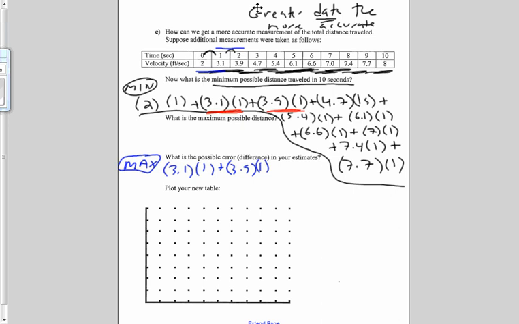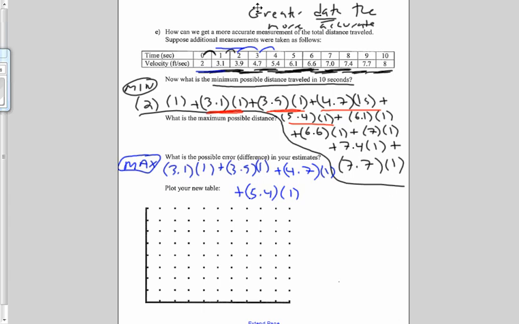And then from 2 to 3 seconds, I'm going 4.7 for 1 second. Again. And then from 3 to 4 seconds, I'm going 5.4 for 1 second. And we have that again.